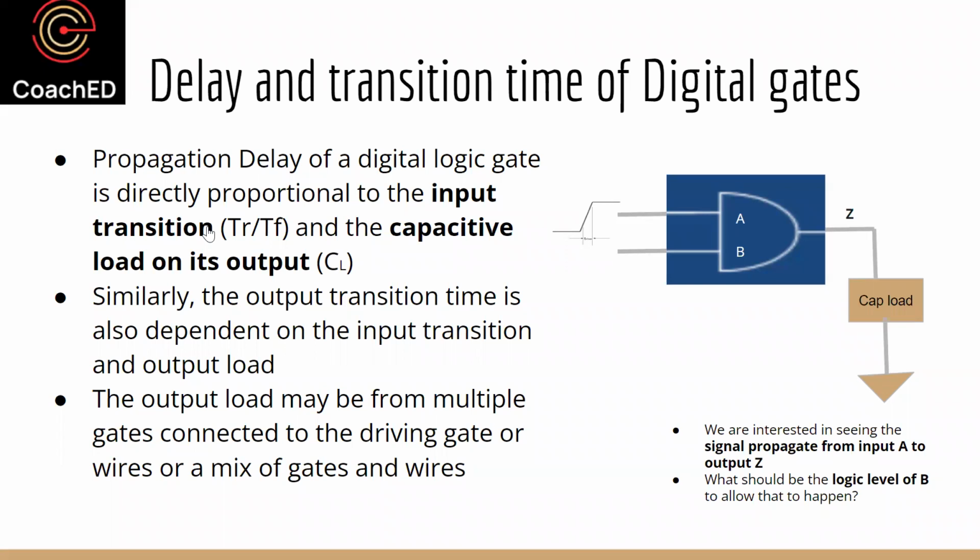And as we saw a couple of days back, the reason is that we can think about the delay of a logic gate as a simple RC circuit, which means the delay is going to be proportional to R and C, and R of a gate or a transistor in the gate is dependent on its input transition. The worse the transition, that means the slower it rises or falls, the more the transistor spends in its intermediate state, and its resistance is going to be high.